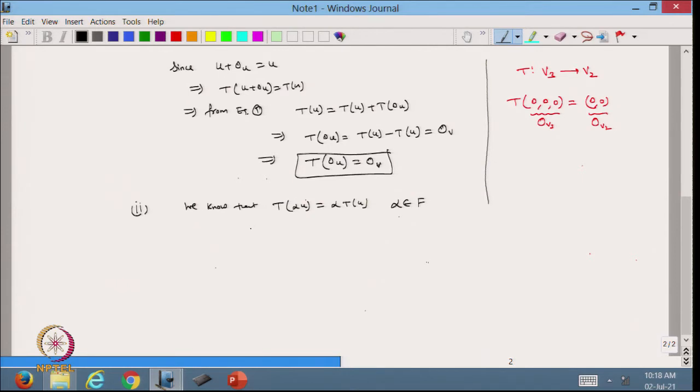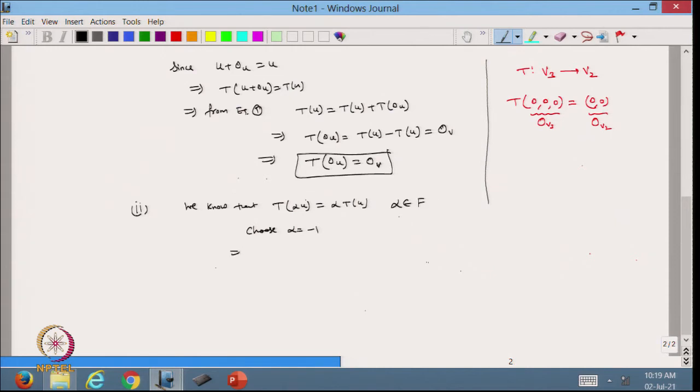Now, if I choose alpha equal to minus 1, because 1 is there in the field, its additive inverse minus 1 will definitely be in the given field.